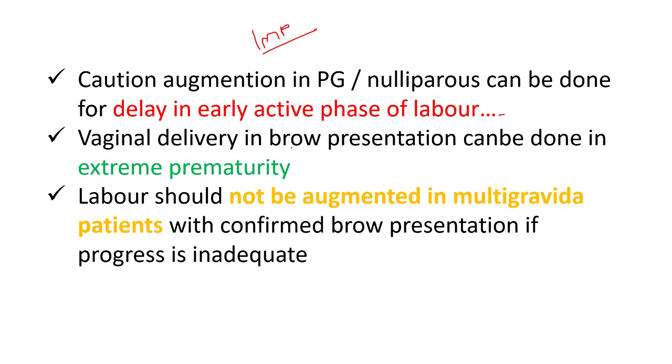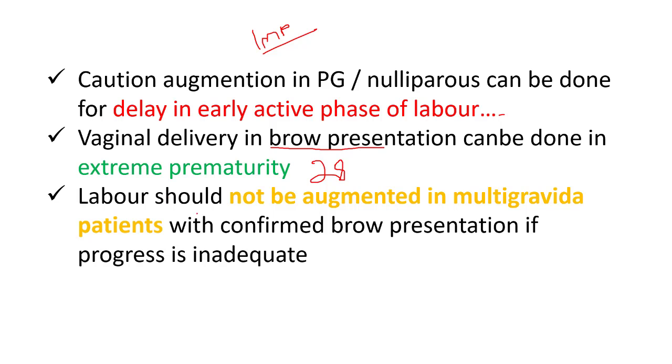Now, as I have told, brow presentation cannot be delivered vaginally because the mento-vertical diameter is the largest diameter, so engagement will not occur. But in extreme prematurity, meaning before 28 weeks of gestation, brow presentation can be delivered.